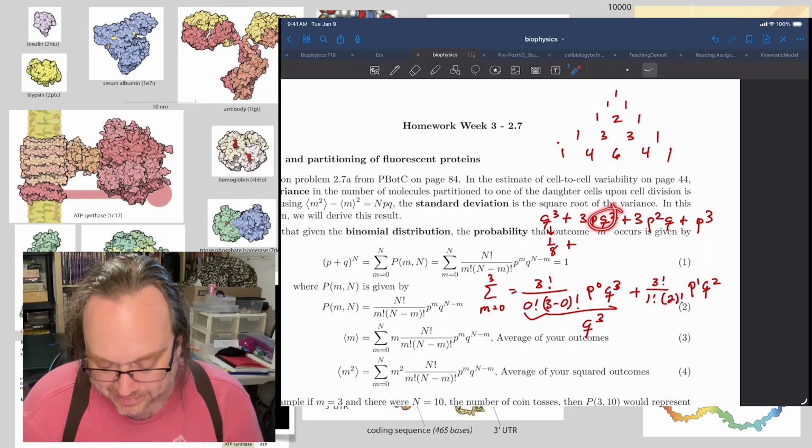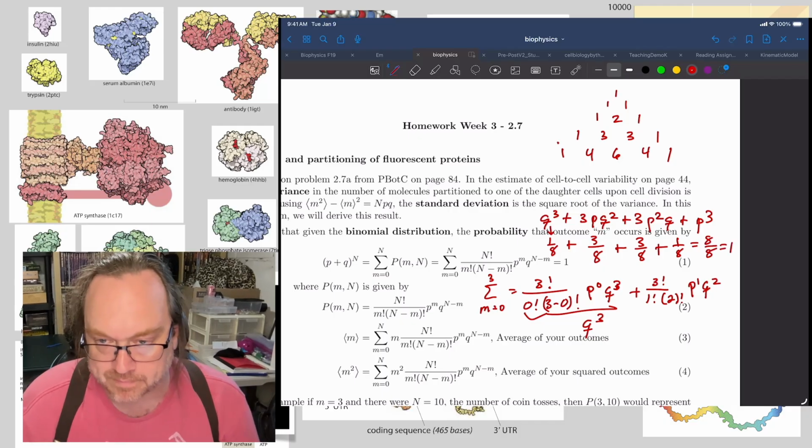So that's 1/8 again with a factor of 3. So now I'm going to get 3 over 8. I'm going to get the same 3 over 8 from the next term, and then 1 over 8 from the final term. And this makes us happy because 1 plus 3 plus 3 plus 1 is 8. Therefore, we're going to get 8 over 8, or we're going to get 1.